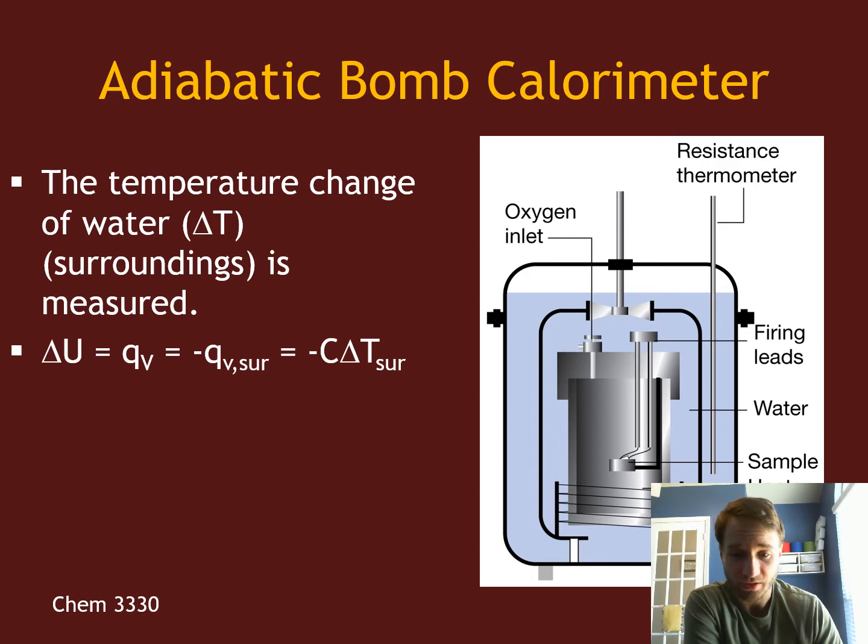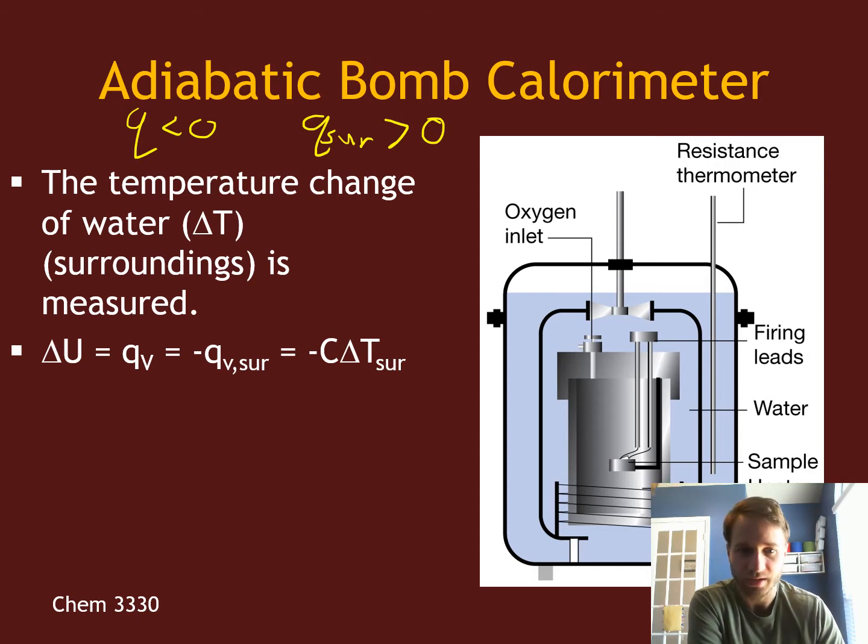Because if heat is transferred from my system to the surroundings, that means that Q is less than 0, but Q of the surroundings is greater than 0 because it absorbed heat. The surroundings absorbed the heat. It got energy, right? So the surroundings heat and the system heat are always opposite sign, that Q is equal to minus Q surroundings. It's in general true, right?